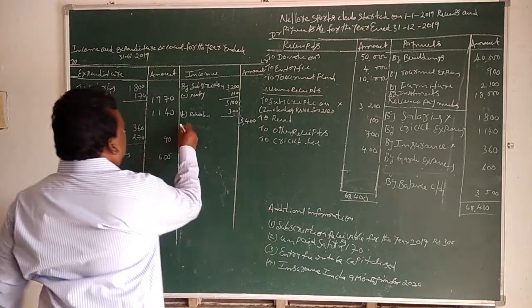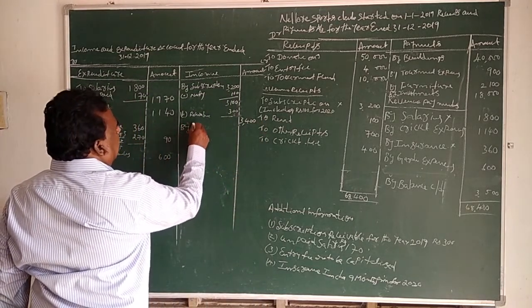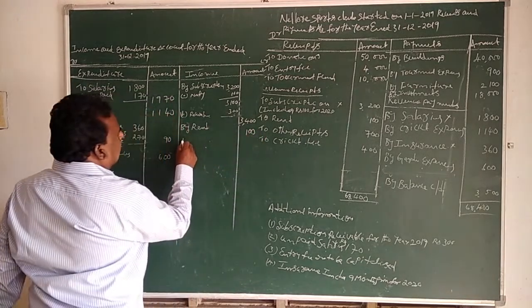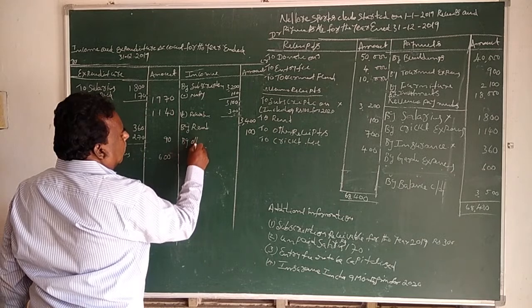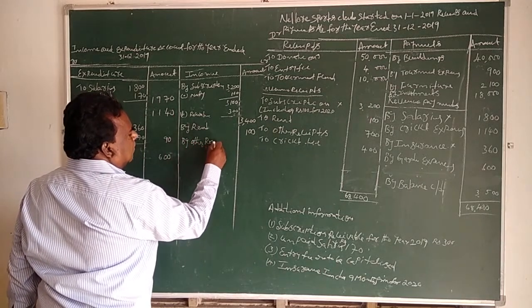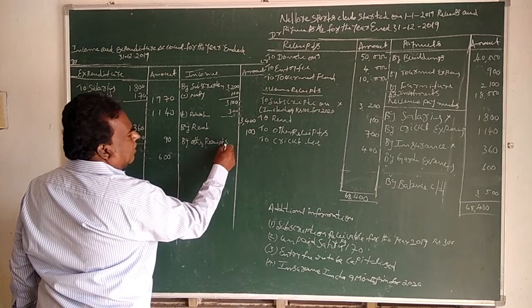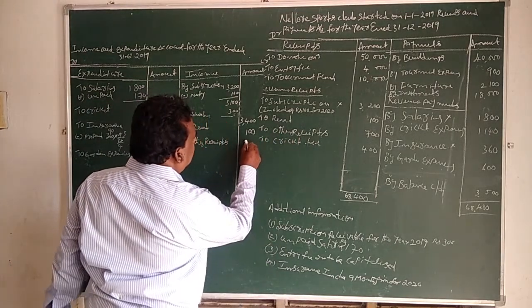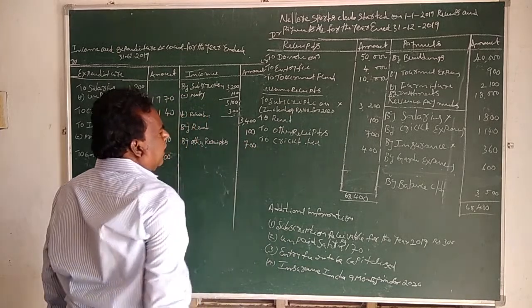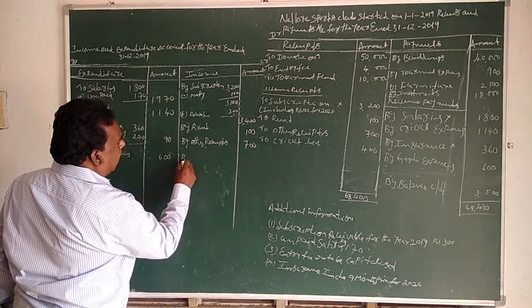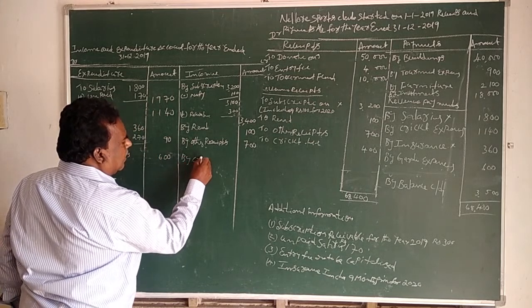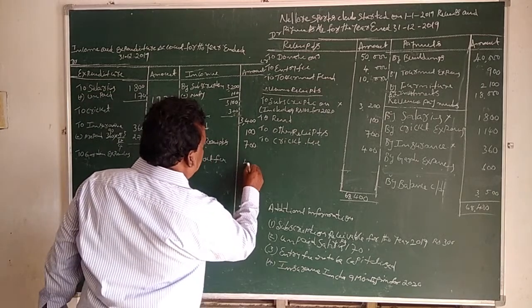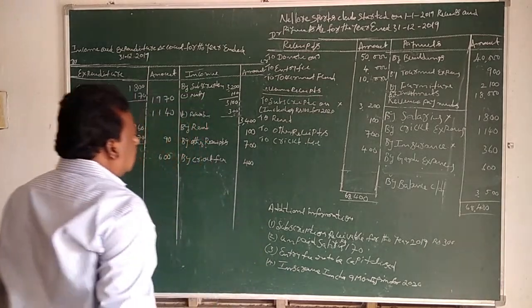Next, by rent 100. By other receipts 700. Next, by cricket fees 400. These are the incomes.